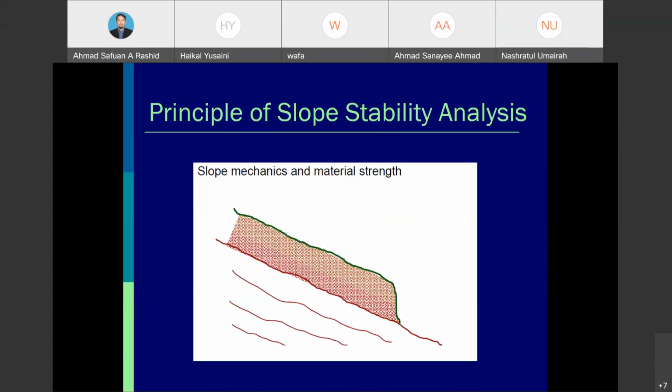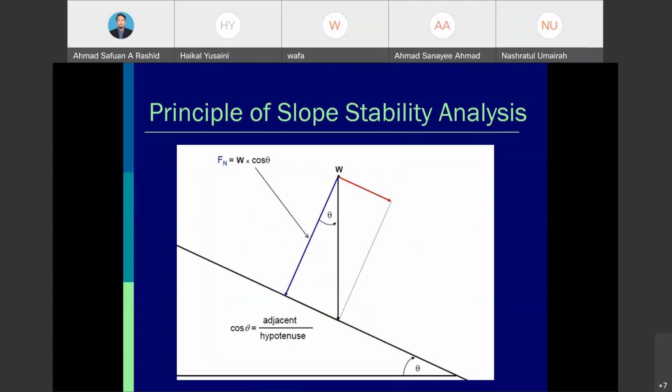Now, we look at the resisting force. So Fn is the normal force towards the plane of the slope or the failure plane. Then we gain W cos theta. This W cos theta actually helps prevent the soil from moving downwards.